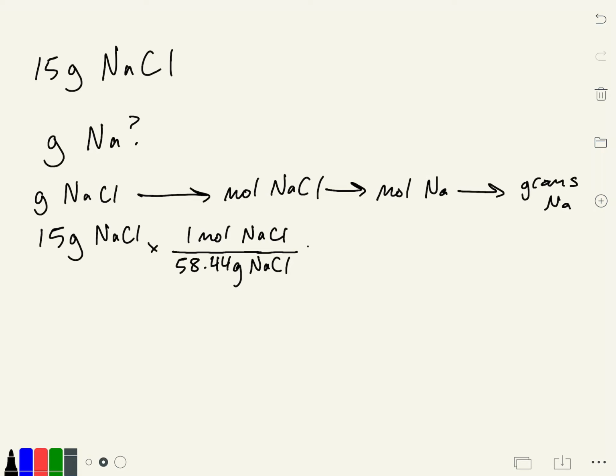Now, how many moles of Na are in a mole of NaCl? That one's easy. 1 mole of NaCl contains 1 mole of Na from our balanced formula. So if your formula was wrong, then all of this would be wrong. 1 mole of Na now weighs, according to the periodic table, 22.99 grams.